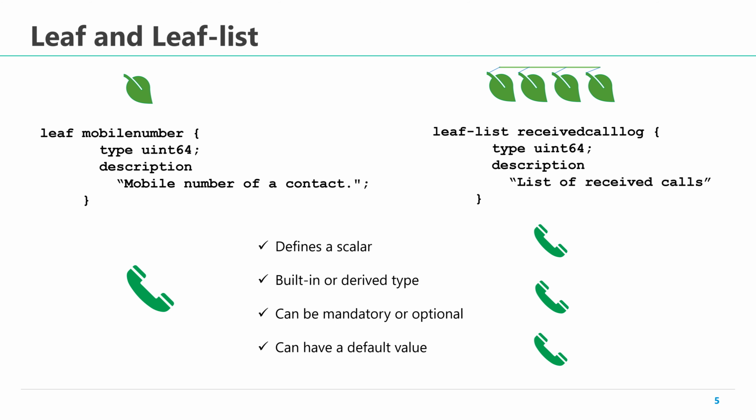If this is not mandatory, then the language provides a way to define a default value, meaning when an instance of the record in this list is created, the system can use this default value to populate this leaf when the record is created.